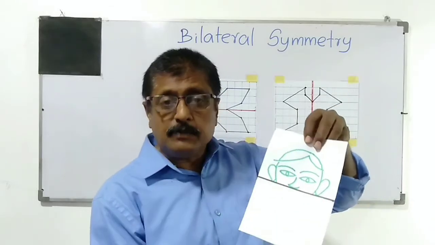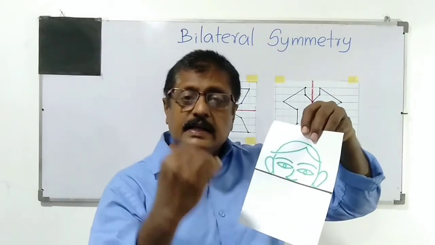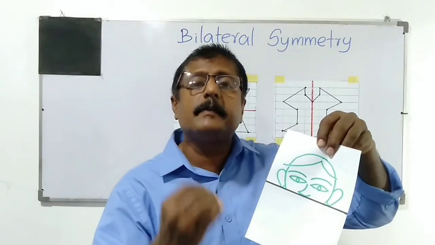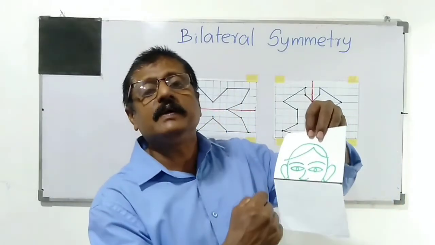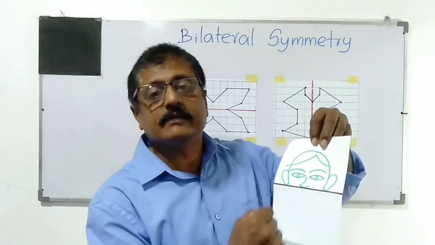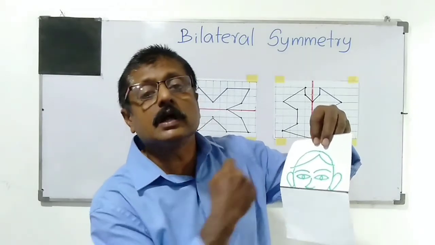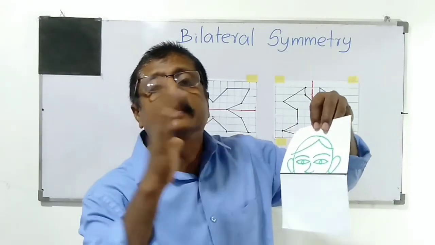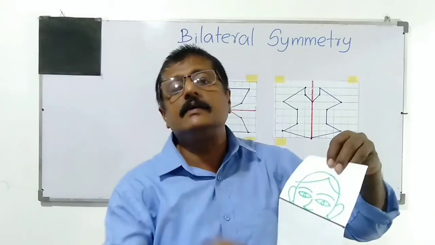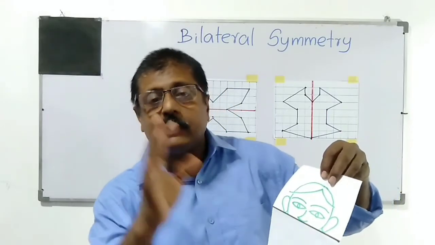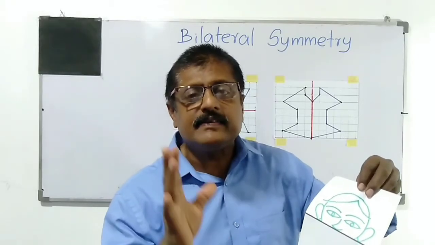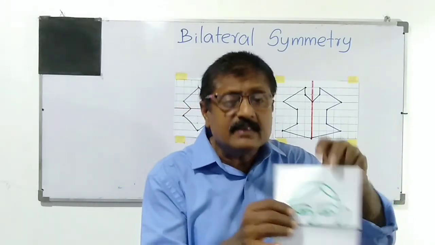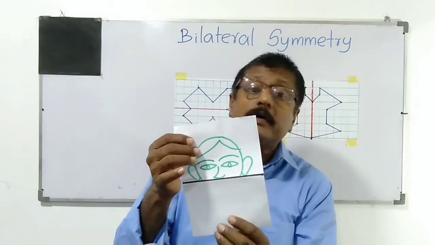Instead of the other half of the bilaterally symmetric figure, they drew the other half of the face. Mouth, chin, or the cheeks. But what I asked was to draw the other half of the bilaterally symmetric figure.